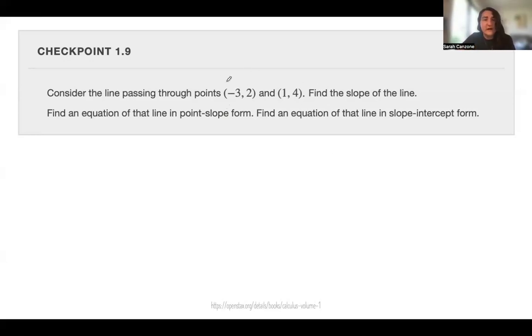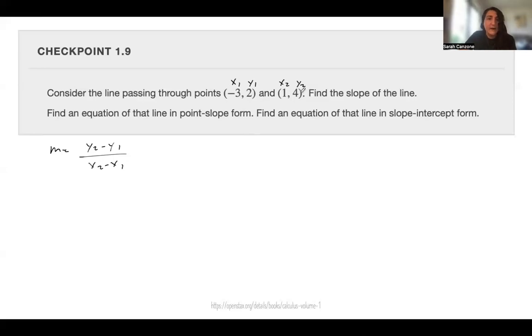So when I'm doing this, I typically like to write exactly what it is that I'm looking at so that I don't mess up, because sometimes it's easy to accidentally put the wrong number in the wrong spot. So what I'll do is I'll say this is x1, this is y1, this is x2, this is y2. And so when I'm looking for m, which I know is y2 minus y1 over x2 minus x1, I don't have to do any thinking.